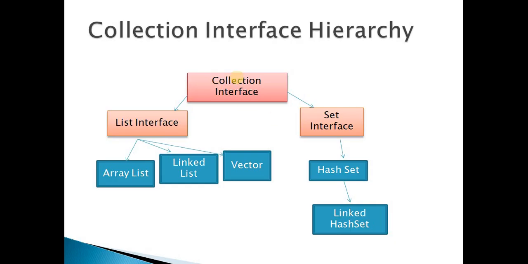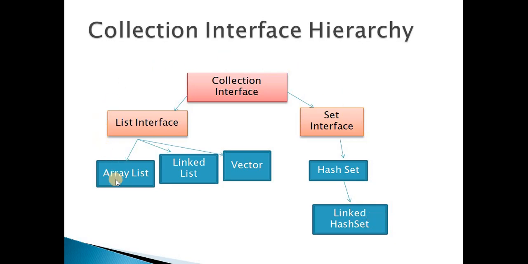Now if you see here, under the list interface there are three subclasses available. One is the array list, second is the linked list, and third is the vector. Under the set interface, you will find one direct subclass, that is hash set, and under the hash set you will find another direct subclass known as linked hash set.